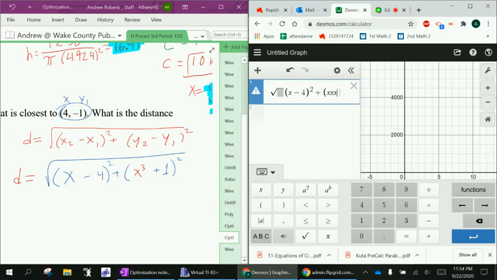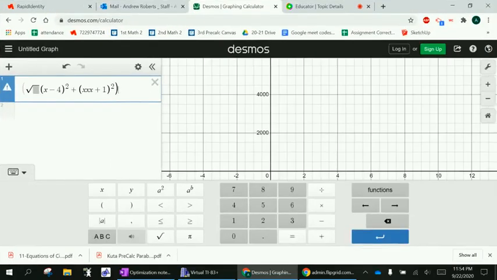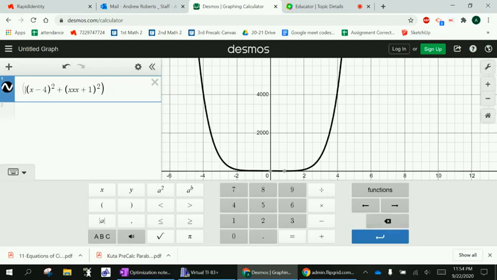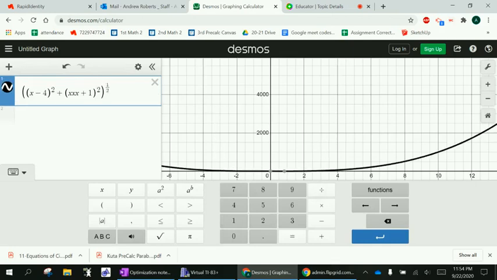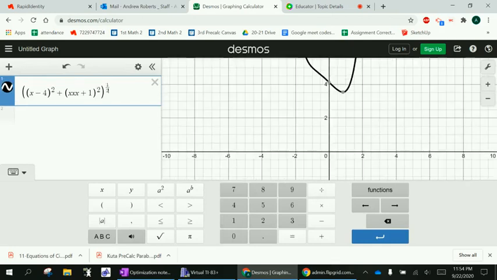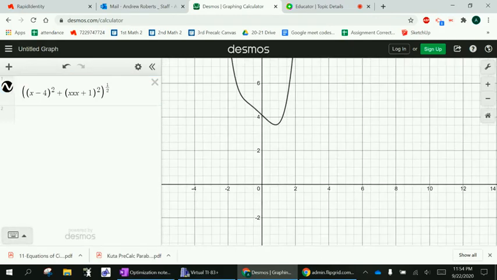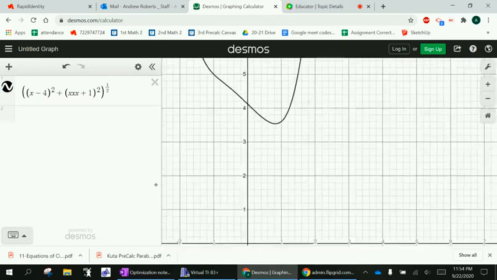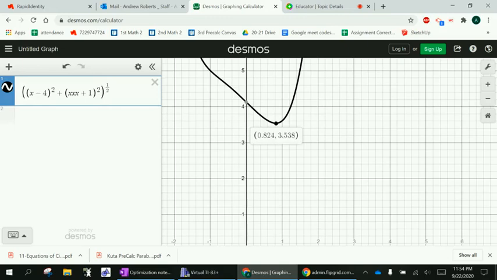That's x times x times x, x cubed, plus 1 squared. To keep it simple, I'm going to see if I can do it to the 1/2 power. That's a square root. And again, just a reminder, a 1/2 power is a square root. And there's my minimum.